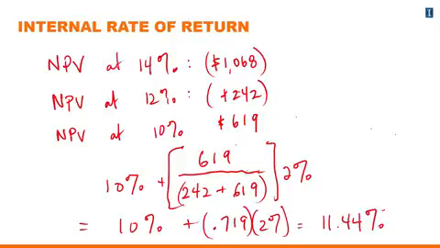Now, a financial calculator would have spit just this number out, but behind the scenes, it's basically running through a trial and error method to find out where the net present value is calculated as 0, and that tells you what the internal rate of return is. So the 11.44% internal rate of return tells me where the net present value is 0. And it makes sense because when I calculated the net present value using the 16% discount rate, it yielded a negative amount.